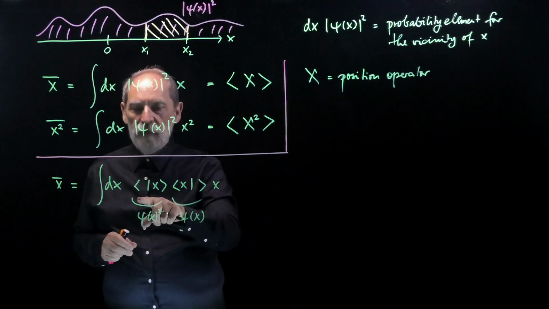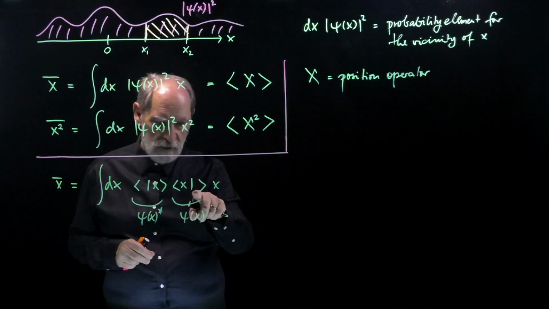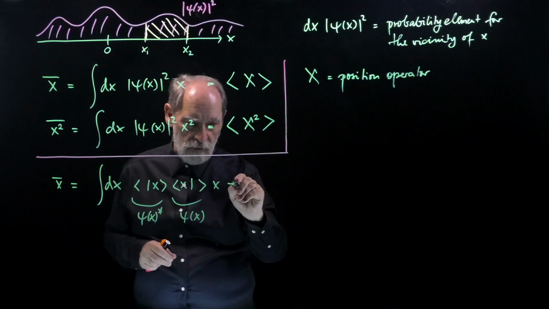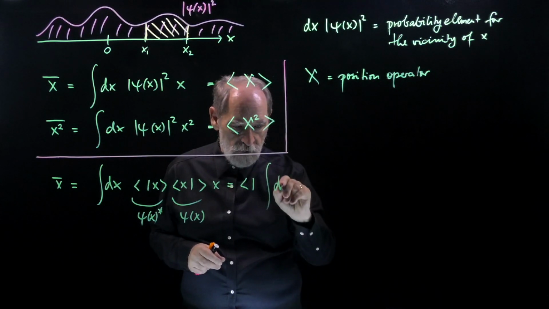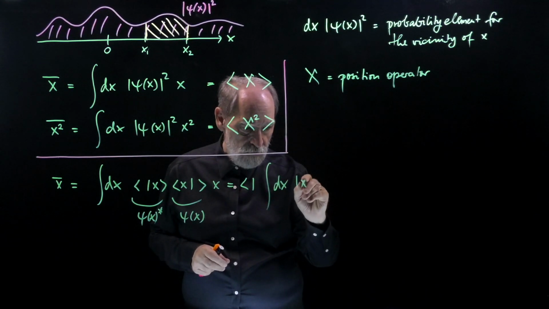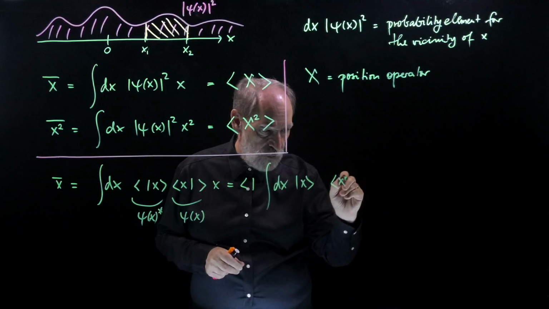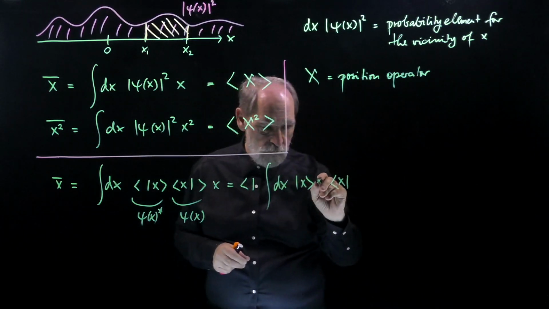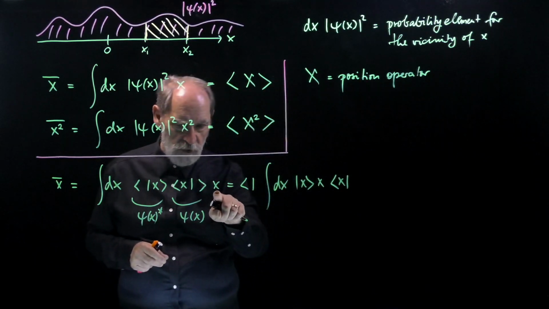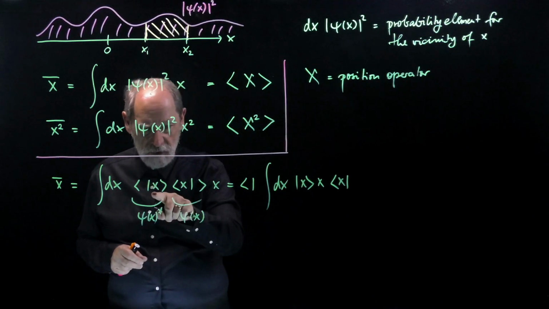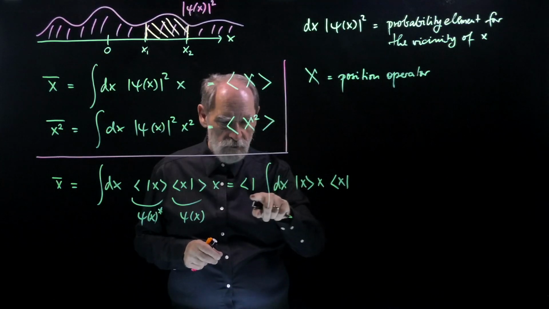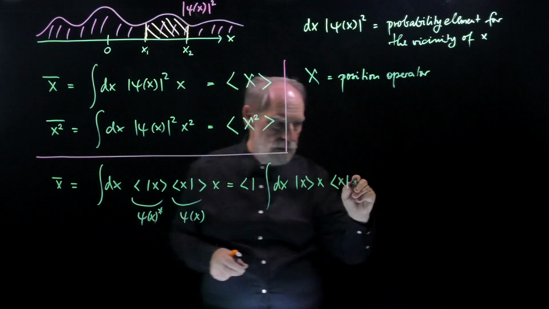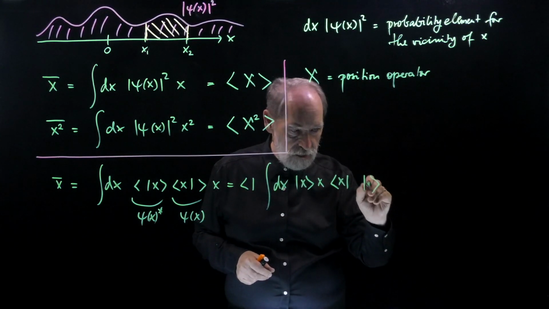And now you have the state bra on the left and the state ket on the right. And in between you have an integral over x. Yes, there is the ket bra for the position operator, and there's the number x from here. So there's the number x, the ket x, the bra x, and then there is the state bra, and then there is the state ket.